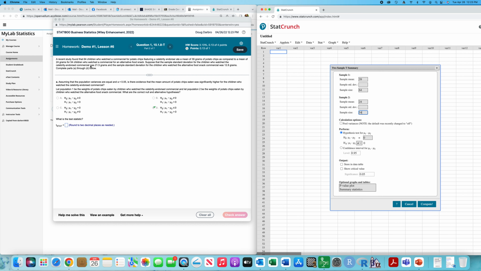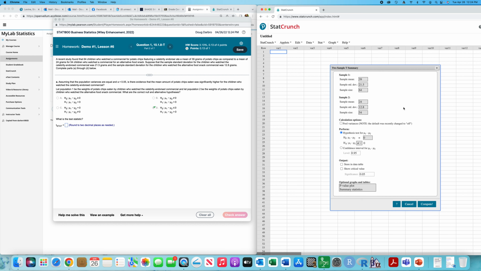The standard deviation for celebrity was 21.5, and the standard deviation for the alternative food snack was 12.8.